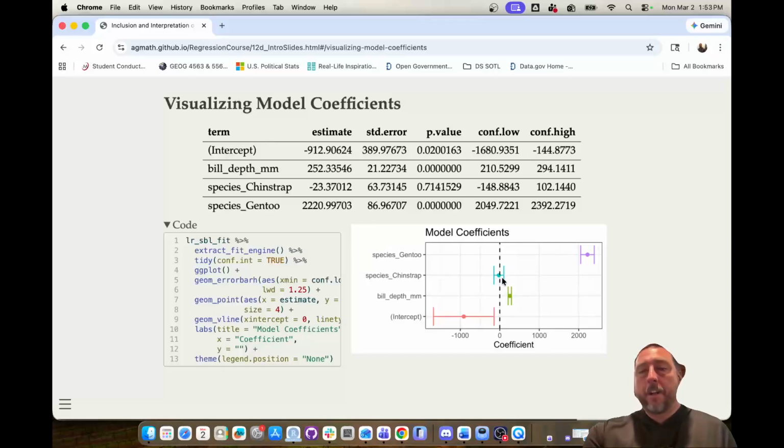And the coefficient on chin strap has significant uncertainty associated with it, and that uncertainty does include the possibility of that coefficient being 0. Again, what that indicates is even though we're accounting for differences in bill depth, we don't have statistically significant evidence to suggest that chin strap penguins and Adelie penguins have different body masses.